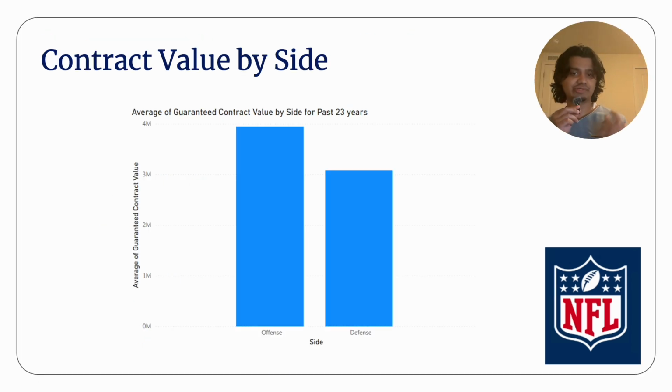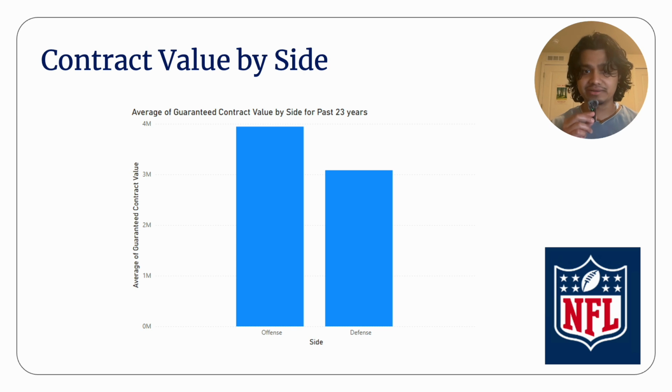Okay, this is also a really cool statistic that I found based on our data. When we break down guaranteed contract value by side of the ball, there's a clear difference. Offensive players are pulling in higher average guaranteed money compared to defensive players. On average, offensive contracts are closer to $4 million, while defensive contracts sit a little over $3 million. This isn't too surprising when you think about it.